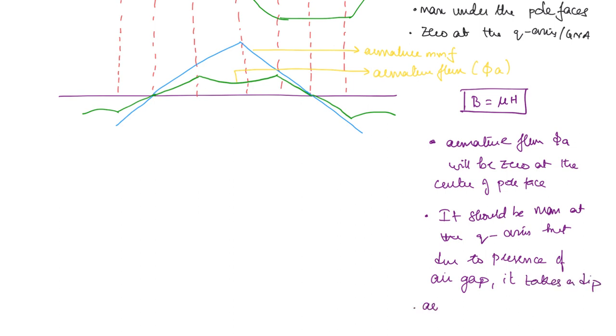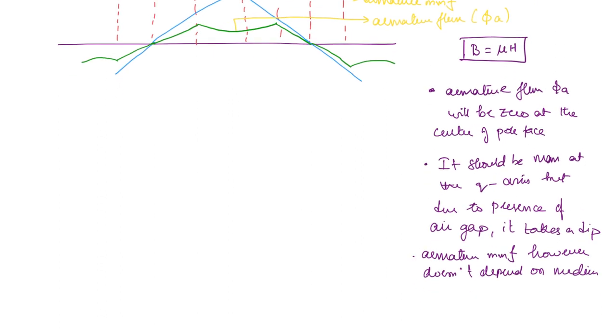And what about the armature MMF? This is not dependent on the medium. So armature MMF, however, doesn't depend on the medium, so it is maximum at the q axis.